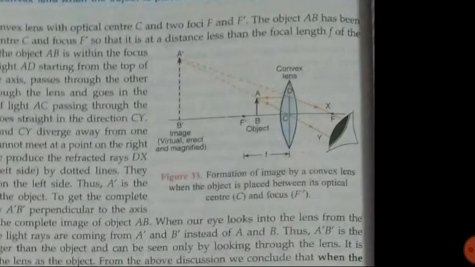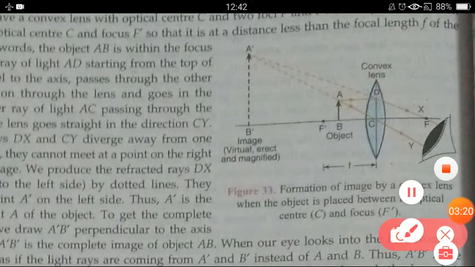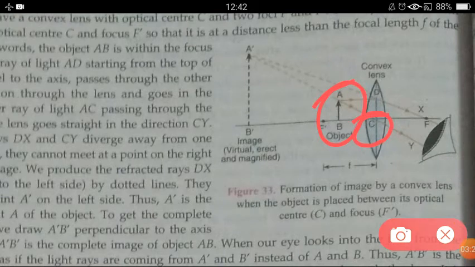Okay, so in this diagram you can see that point C is the optical center, and F is the focus, and our object AB is placed between optical center and focus.